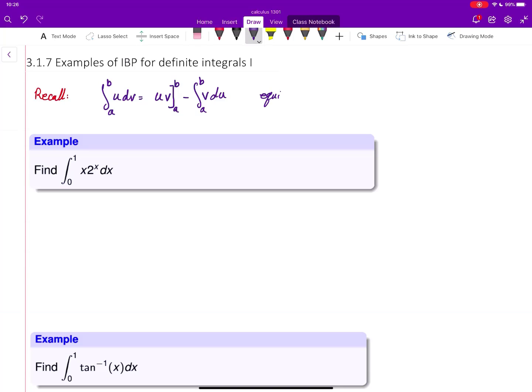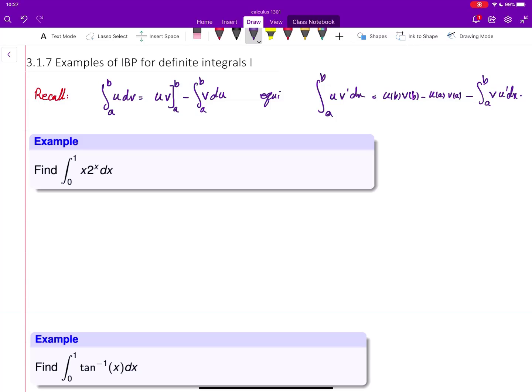Equivalently, this means that if your functions are functions of x, you have u times v evaluated at the upper limit b and then evaluated at the lower limit a, minus another definite integral which needs to be evaluated using whatever techniques we have.